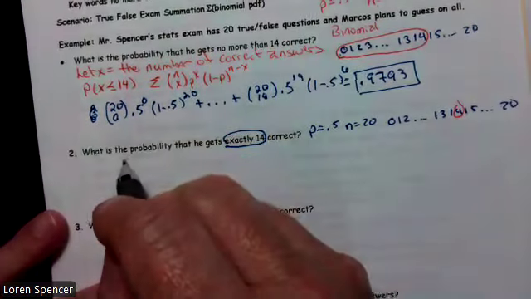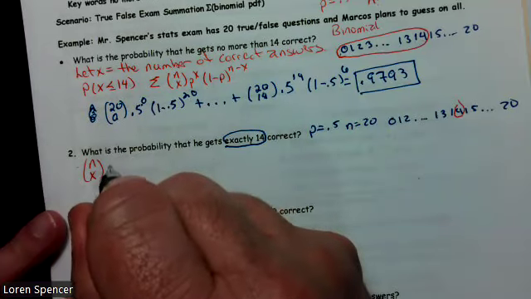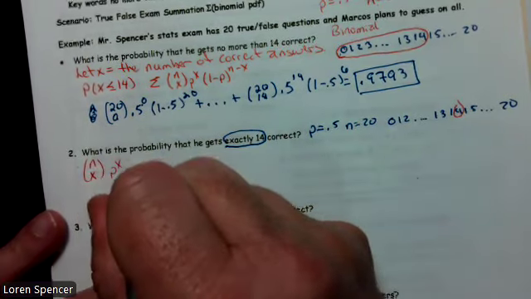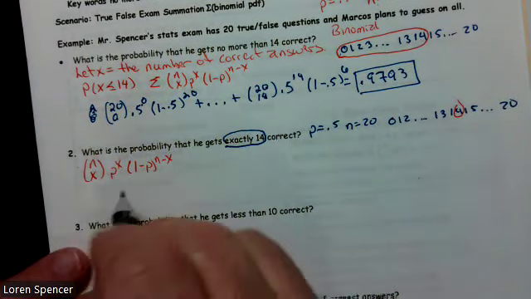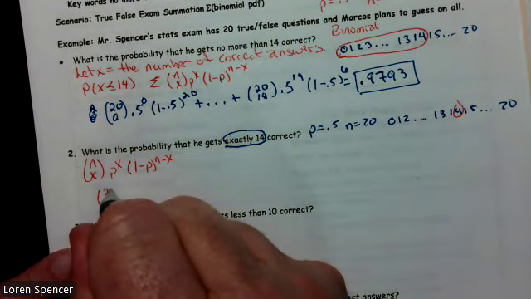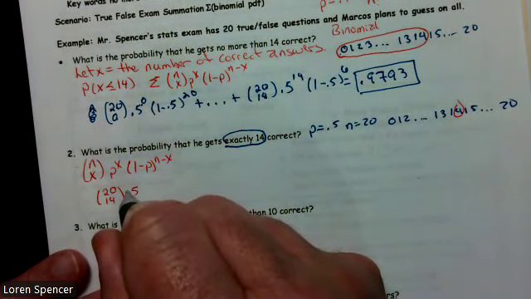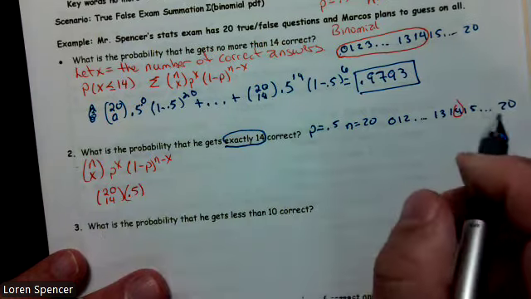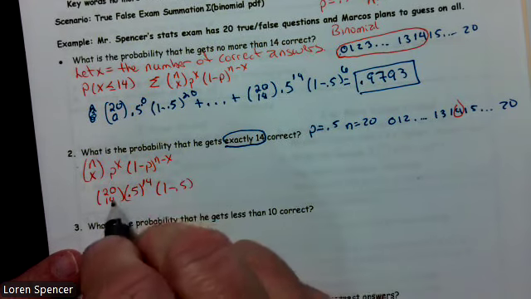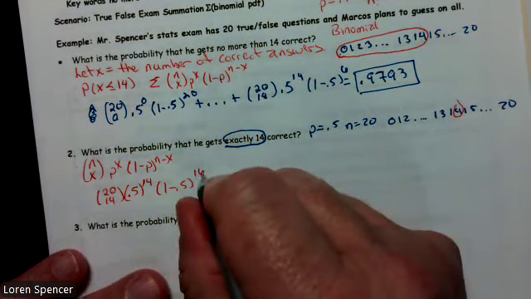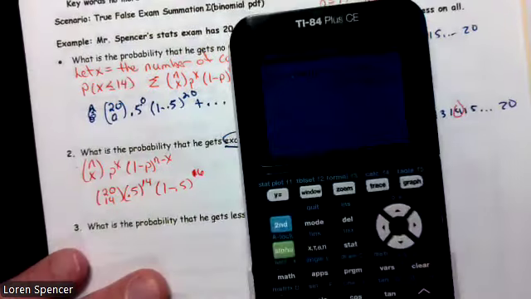So in this case, my formula is going to be n choose x without the summation sign, p to the x times 1 minus p to the n minus x. And I need to plug in. Well, 20 choose 14. 0.5 is the probability of success raised to the 14th power, 1 minus 0.5, and 20 minus 14 is 6.